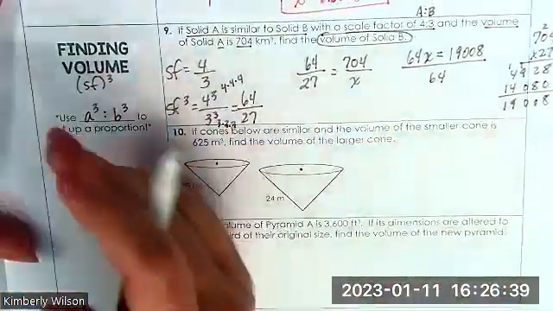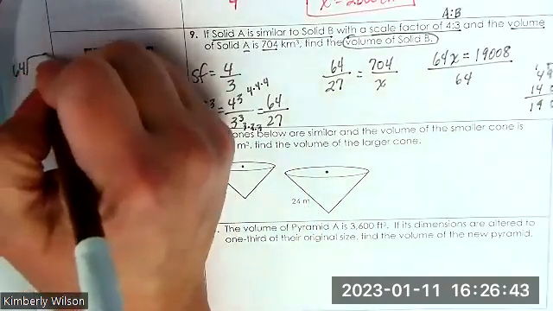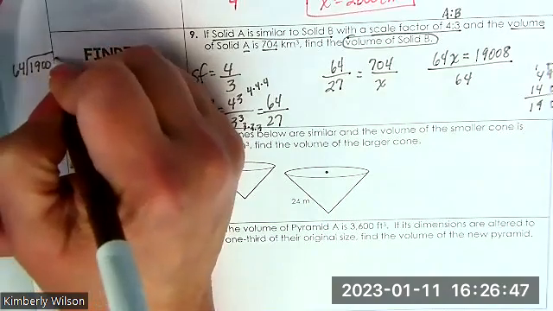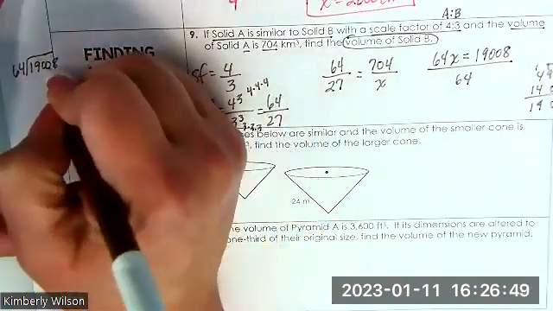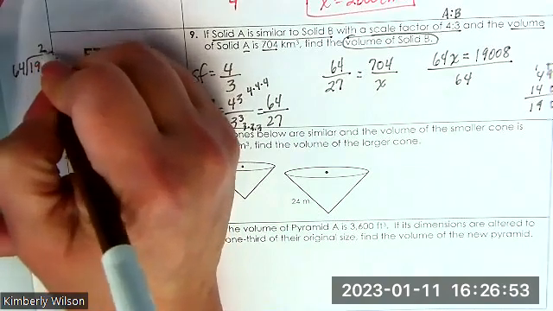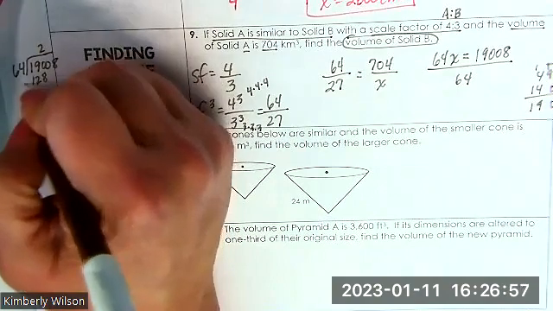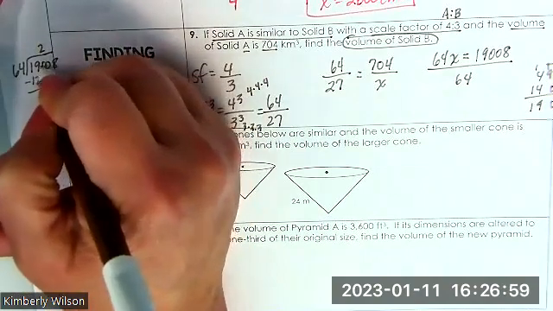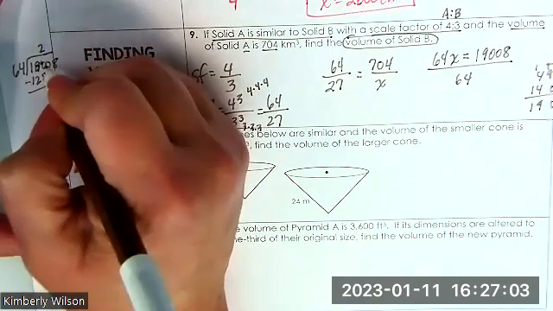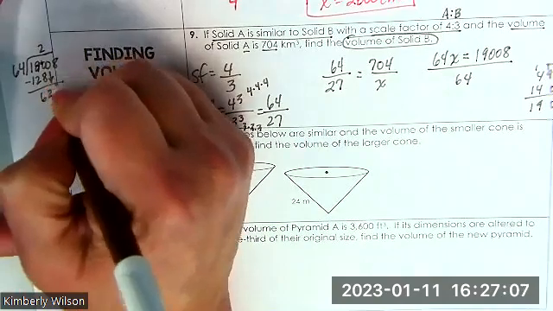Now we divide by 64. So that means I'm going to come over here and do that division. I have 64 into 19,008. So 64 into 190, that's 2. 2 times 4 is 8. 2 times 6 is 12. So this is going to become 10. It's going to become an 8. 2, 6. Bring down this 0.